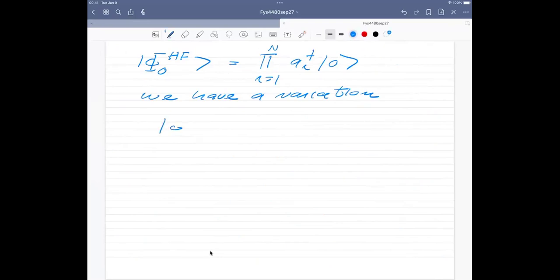We have a delta phi 0 Hartree-Fock, which is equal to this parameter eta we had before, the small variation, and then we mix in a particle-hole state. We are removing a particle from the state I, and promoting it to the state A. And then we have just a small change here. This is the second quantized equivalent of what we did in the traditional first quantization or coordinate space representation.